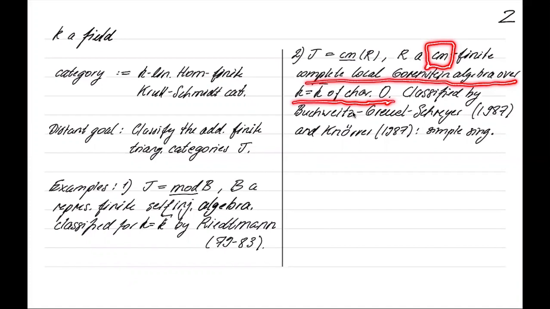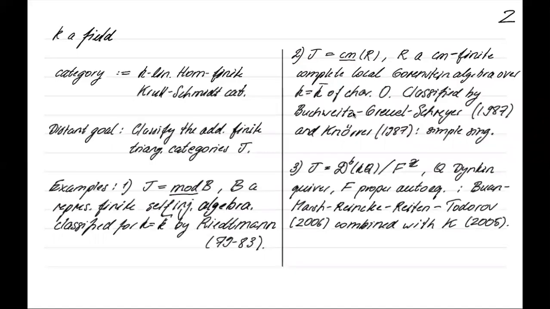And if the algebra has only finitely many indecomposable Cohen-Macaulay modules up to isomorphism, then this is another example of an additively finite triangulated category. These were classified by Buchweitz, Greuel, and Schreyer in '87 and by Knörrer also in '87, and these turn out to be simply the simple singularities.